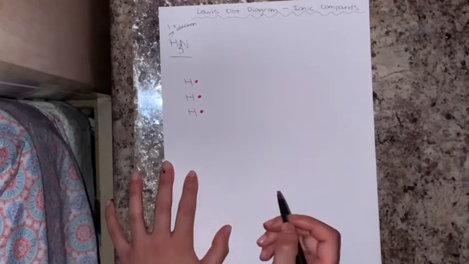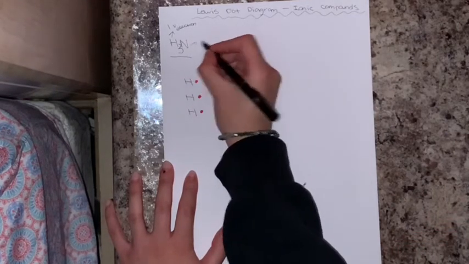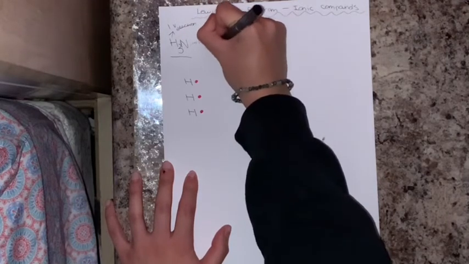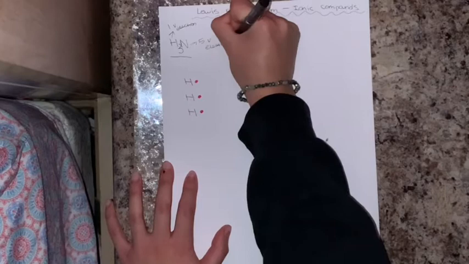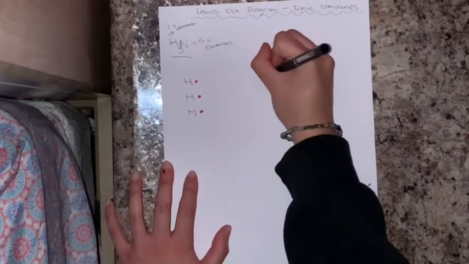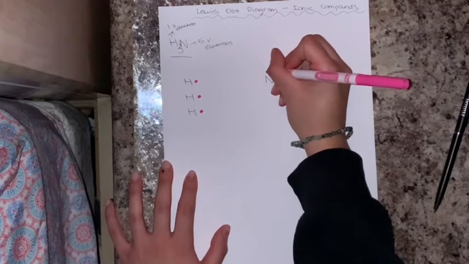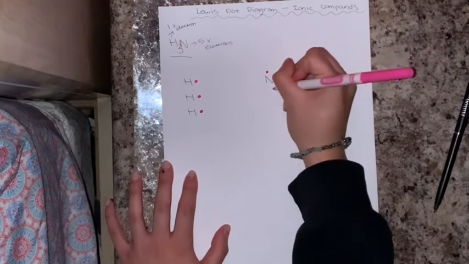And next we're going to draw nitrogen's chemical symbol, and we know that nitrogen has a total of 5 valence electrons. And so we're going to draw the valence electrons around nitrogen.